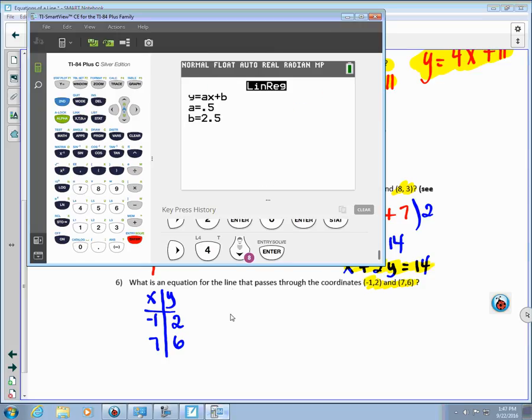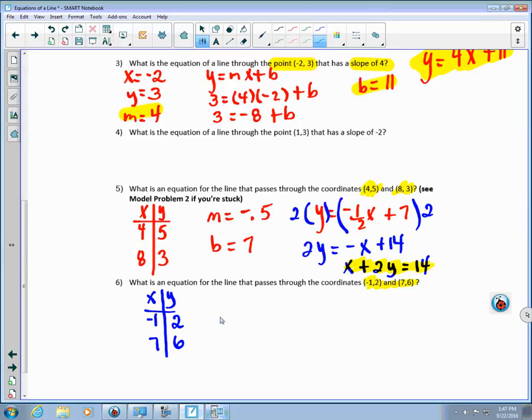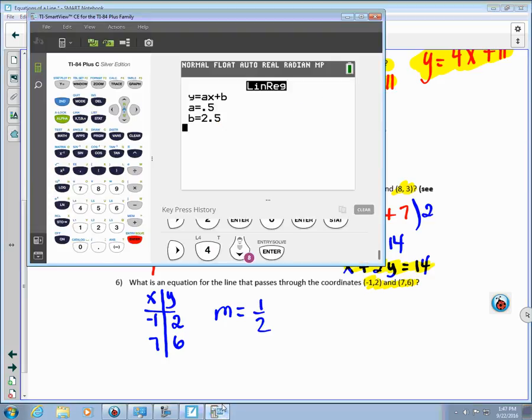All right. So talk to me. What is M? M equals 1/2. And what is B? Yeah, but we're not going to write it as that. We're not going to write it as a decimal. So 2.5 is 2.5. Yes. Thank you.